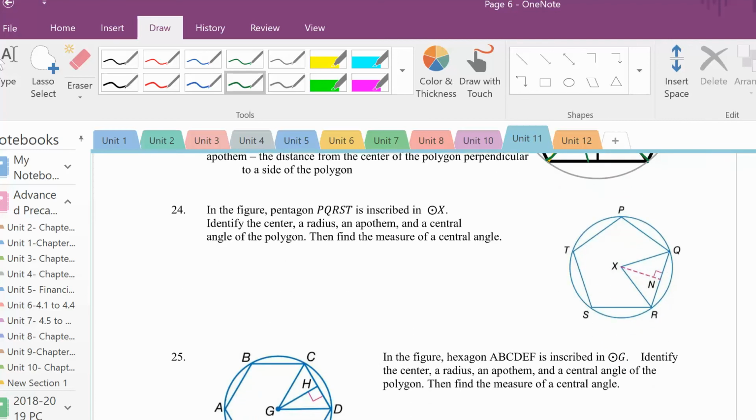So in the figure, it says the pentagon PQRST is inscribed in circle X. Identify the center, so X is the center. The radius, well, we have two radii, they're XQ and XR.